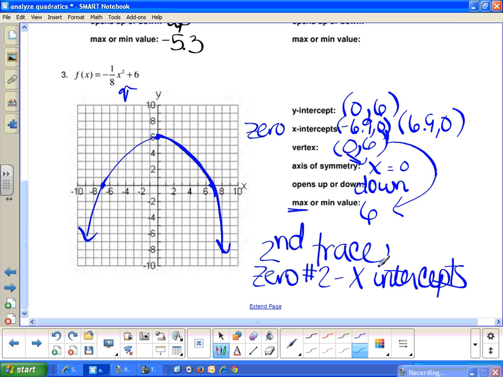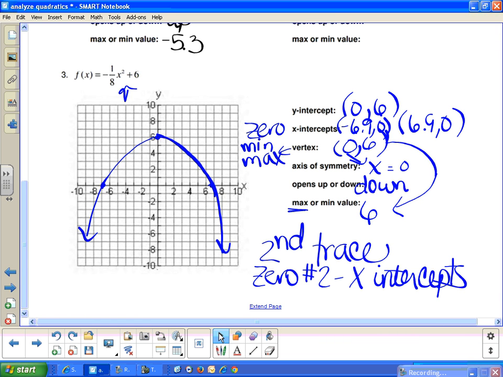And then for our vertex, it's either going to be a minimum or a maximum. And we need to be sure that we do the bounds from left to right. So whenever you get to your point, you trace over to it. Then go to your menu and pick a little bit to the left and a little bit to the right, and the calculator will pick that value for you.